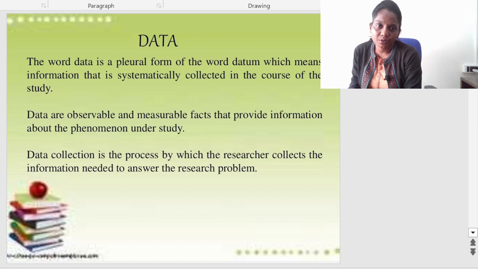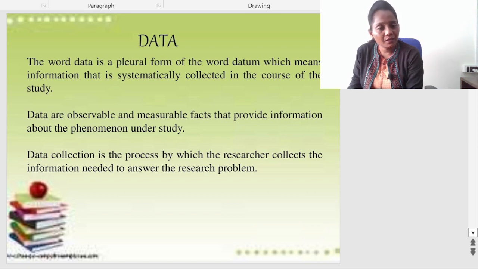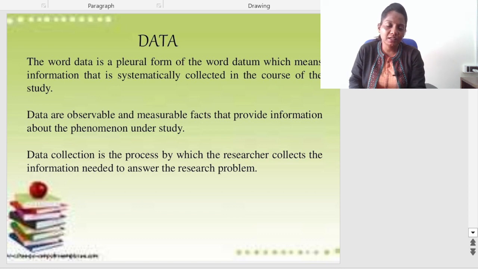In this class, I would like to take the topic from nursing research, that is data collection methods. Suppose you are writing the fourth semester, or the eighth or seventh semester, in the fourth year BSc nursing; these topics belong completely to nursing research. In the research proposal, we will do these things and submit to the university in the first 6 months.